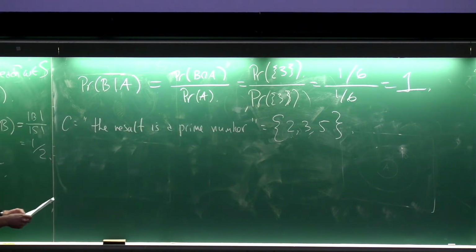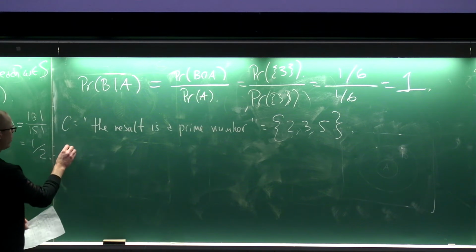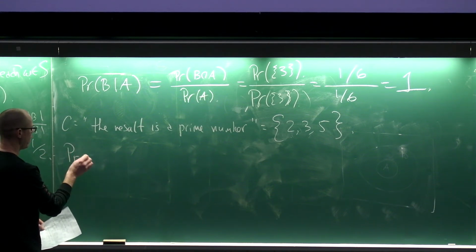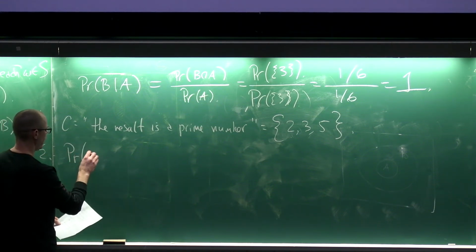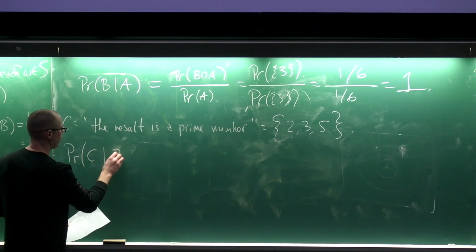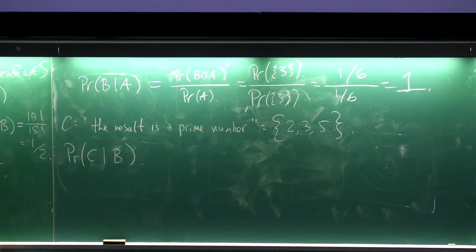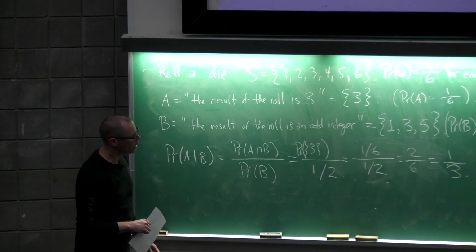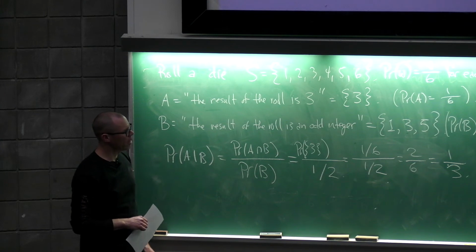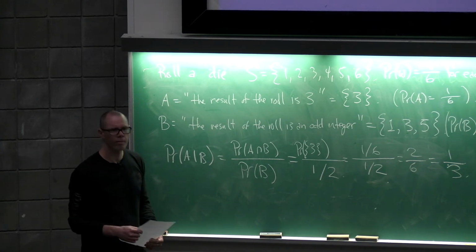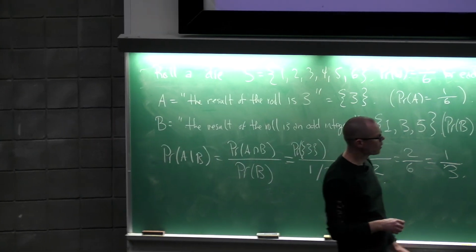And let's ask for what's the probability of C given B. So I told you that I rolled an odd number. What is the probability that it's a prime number? So what's your guess?